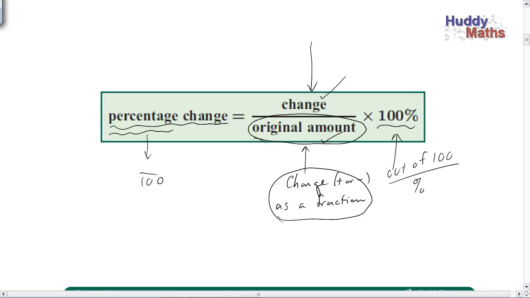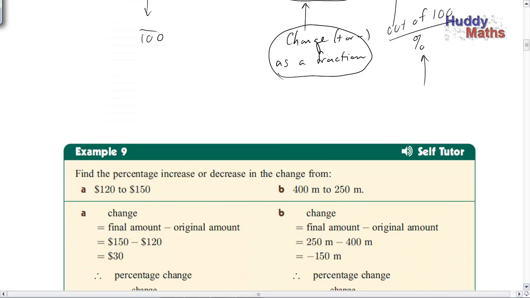Okay, so we're all consistent. Otherwise, if some people divided by a different amount, we wouldn't know what was going on. So we start with the original, and it's a change as a fraction of the original. And then changing to a fraction out of 100 or a percent. Then we're all on the same page and everybody understands what's going on.